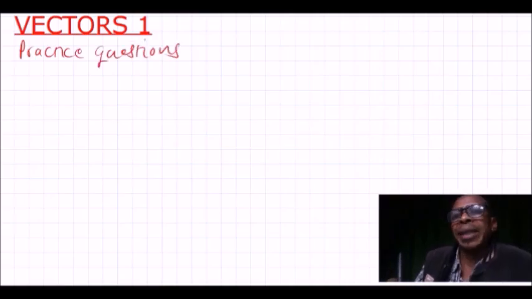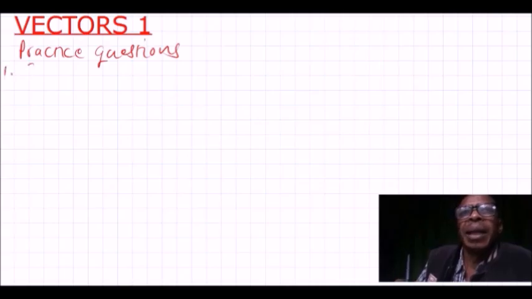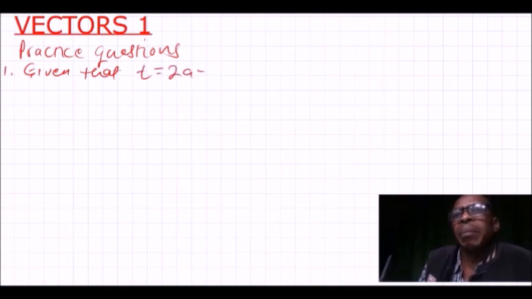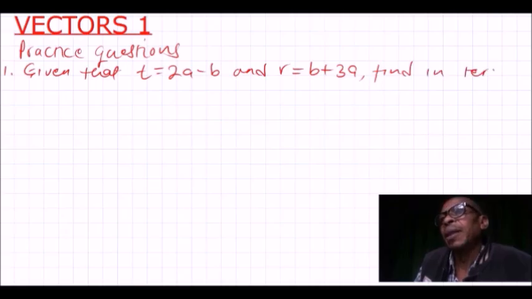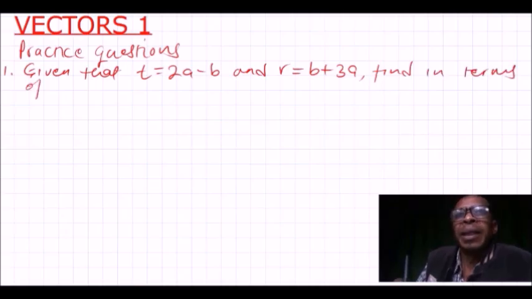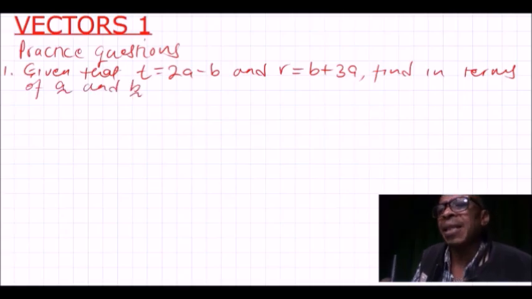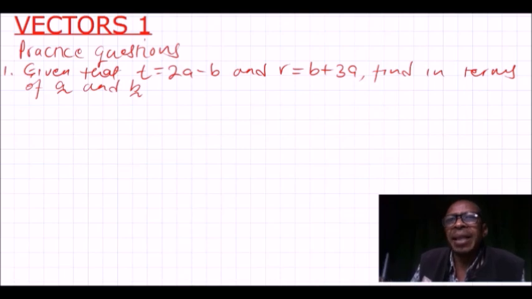Practice question number 1: given that T is equal to 2A minus B and R is equal to B plus 3A, find in terms of A and B the following vectors. You can put a mark over them to denote that they are vectors.